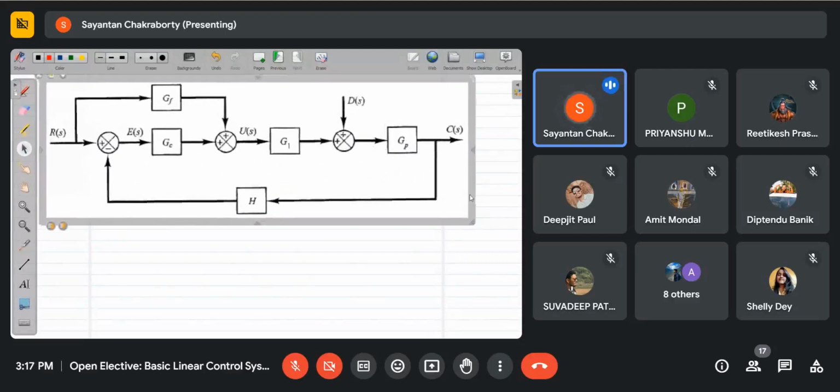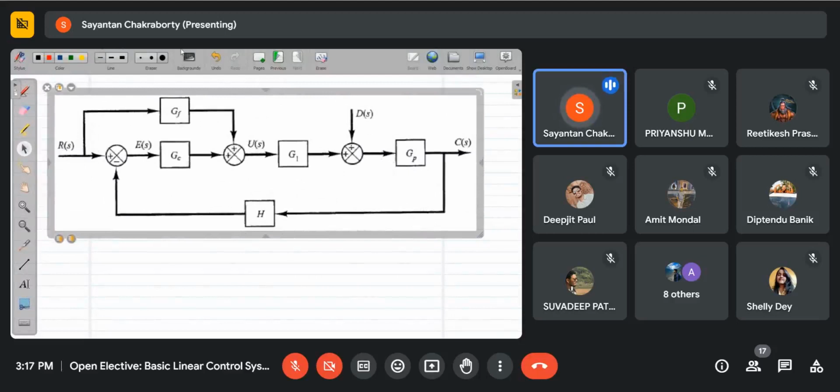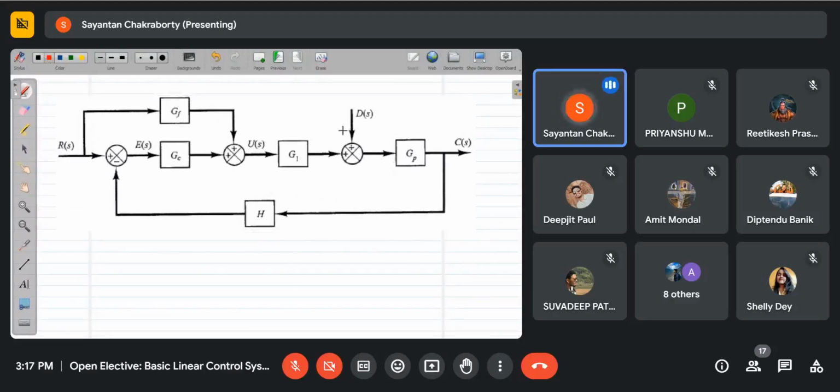I think C(s) by R(s) is trivial. We already discussed that. In that case, D(s) will be equal to 0. Now, considering C(s) by D(s), for this case, how can we recast this? You can recast this as your D(s) plus GP, C(s). This is a forward path.